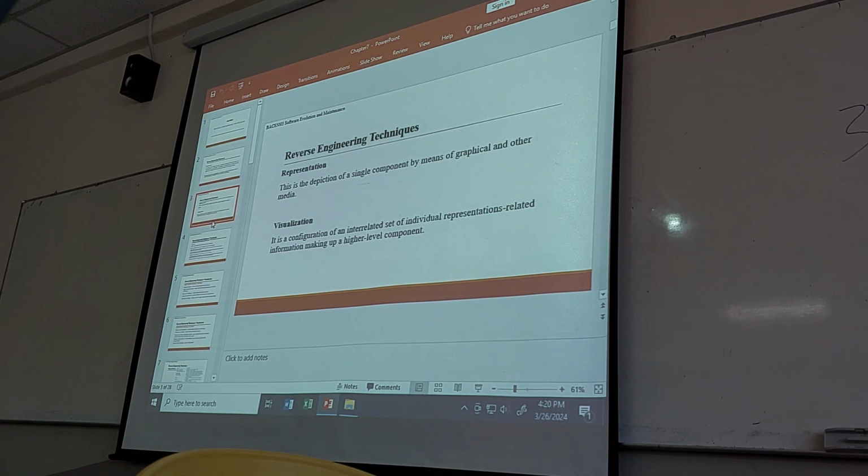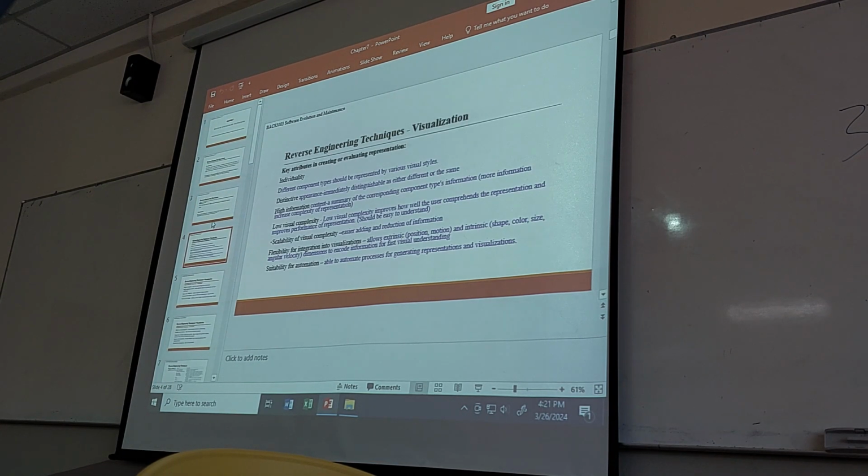Visualization is to use the graphic representation to show the configuration of a set of interrelated components. Understand? Representation shows one component, and visualization shows a set of interrelated components. That's it only.